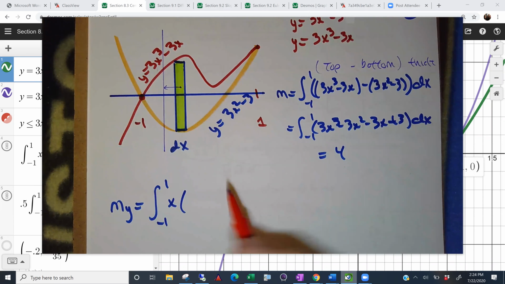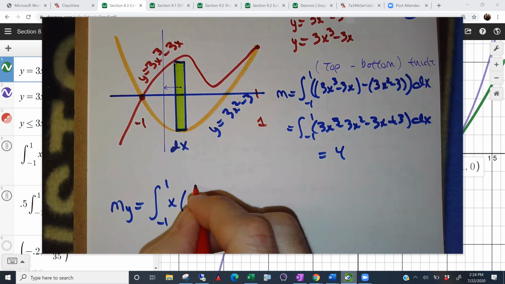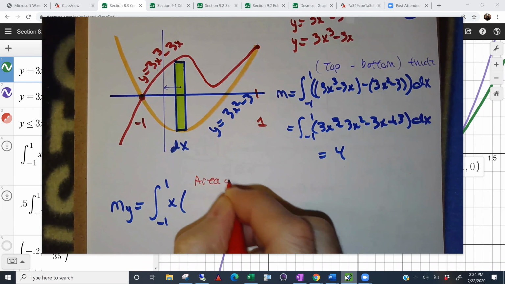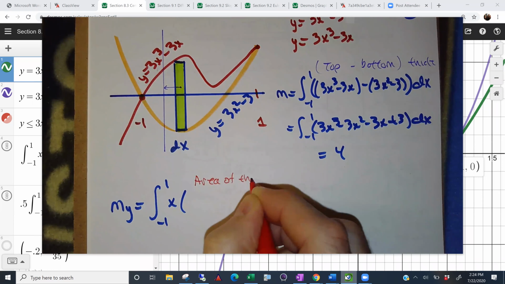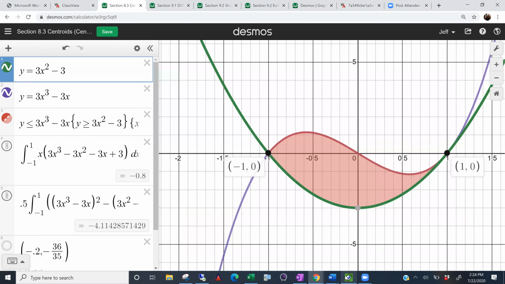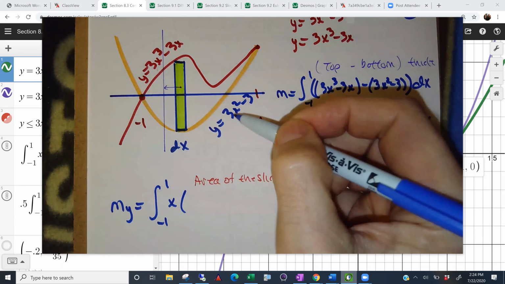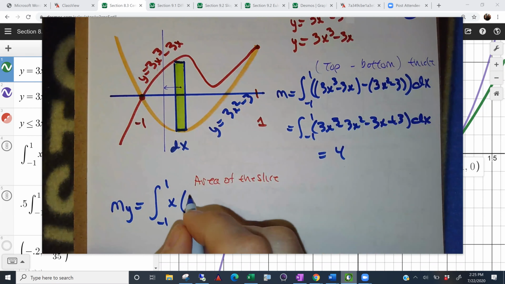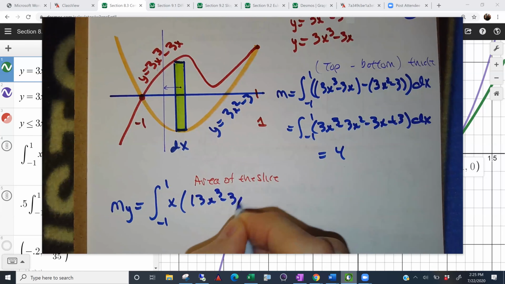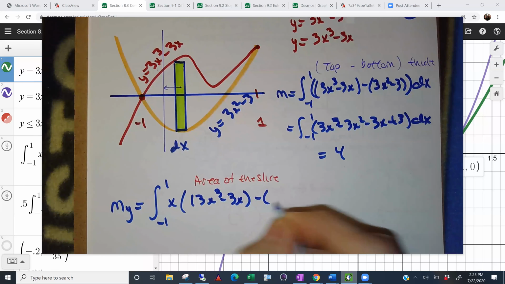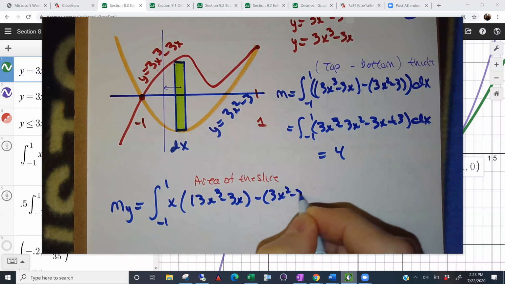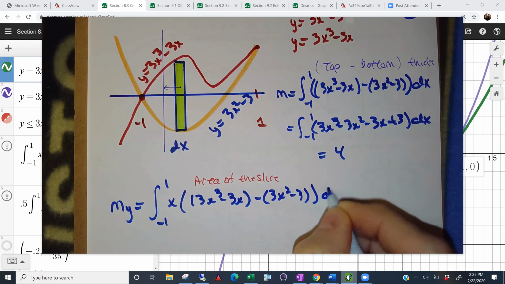So that's going to be our top function minus the bottom function: 3x cubed minus 3x, minus 3x squared minus 3, times dx.